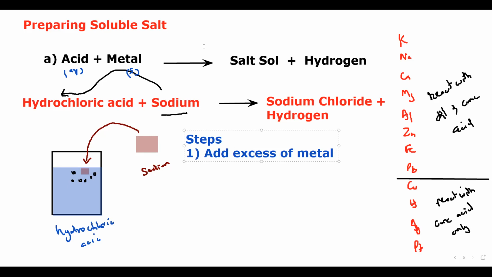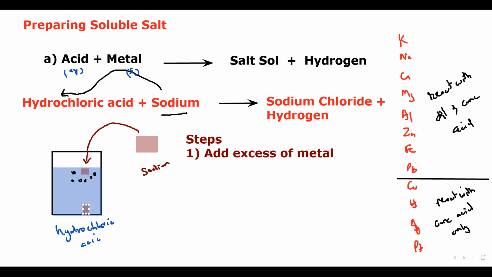The term excess means until no more reaction occurs, like all of the acid is used up and you are left with metal only. So if you use a greater amount of the metal, then at the end of the experiment the metal will be left as the acid is completely used up.